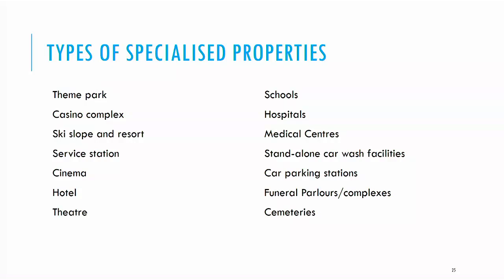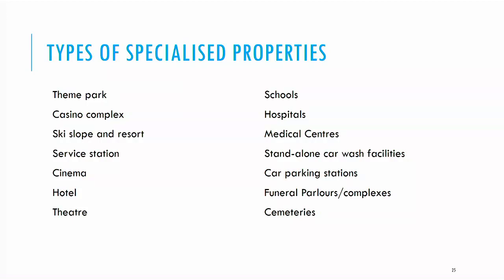Types of specialized properties. What are these? These are the examples. Theme park, casino complex, ski slope and resort, service station, cinema, hotel, theater, schools, hospitals, medical centers, stand-alone car wash facilities, car parking stations, funeral parlors, cemeteries.